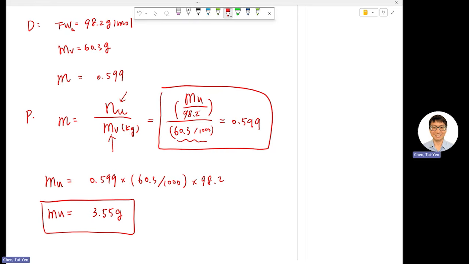You also need to know that moles is calculated by the mass of your solute divided by the formula weight of your solute. Then you can come to the specific equation, and after that you solve the equation by multiplying. So it should be very straightforward, a very basic type of question.